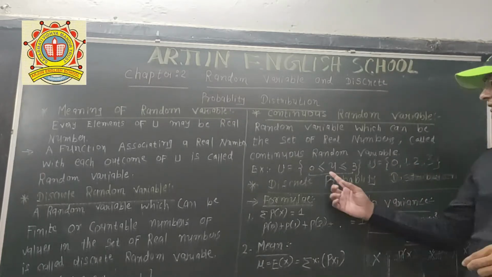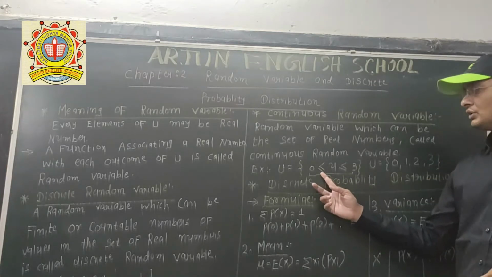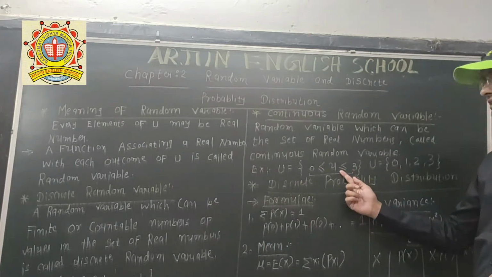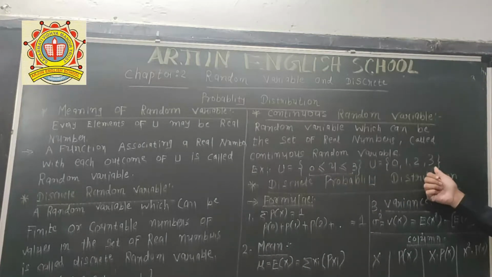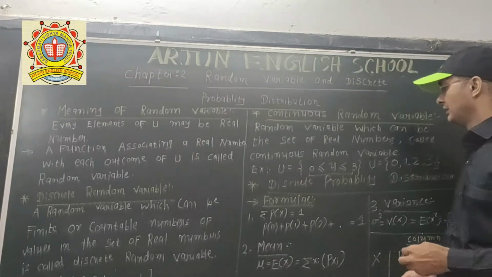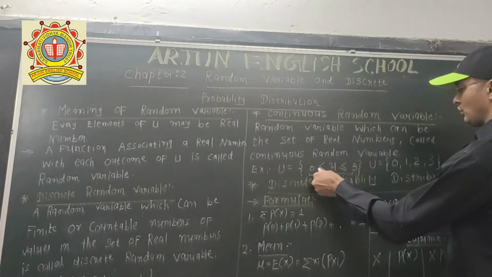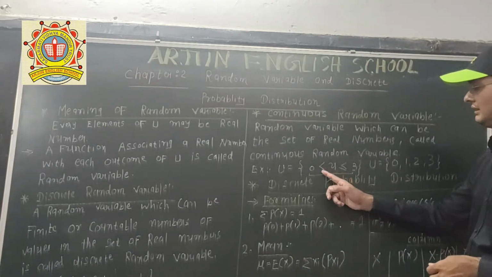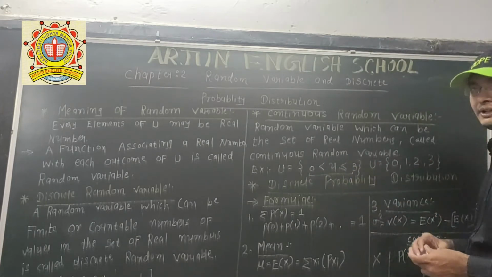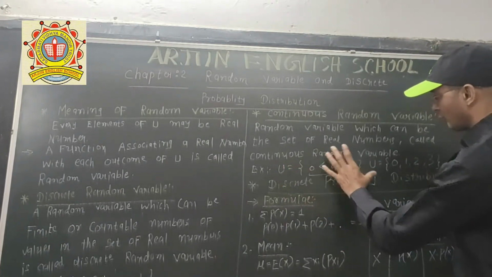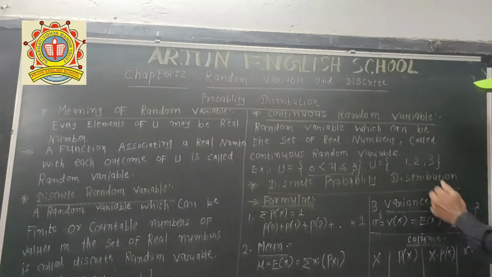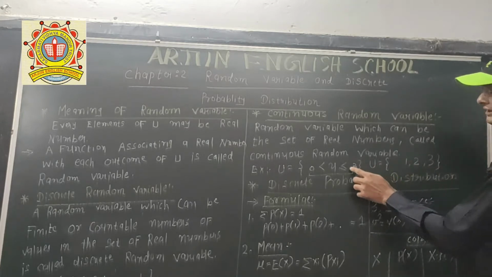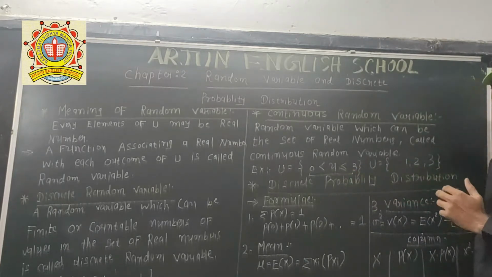Got it? Because here is the sign of less than or equal to, I have to count 0, and again less than or equal to, so I have to include 3. But if I remove the equals to sign from here, so 0 less than u less than or equal to 3, then 0 is removed and it starts from 1, 2 and 3. 3 is the inclusive part because of the sign of less than or equal to.